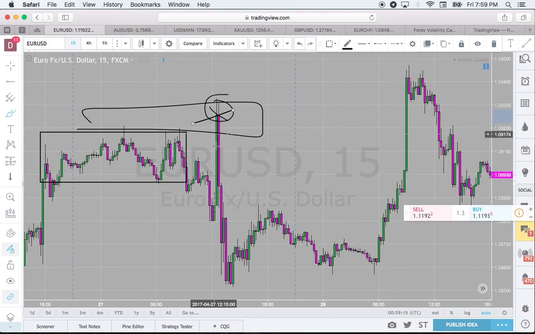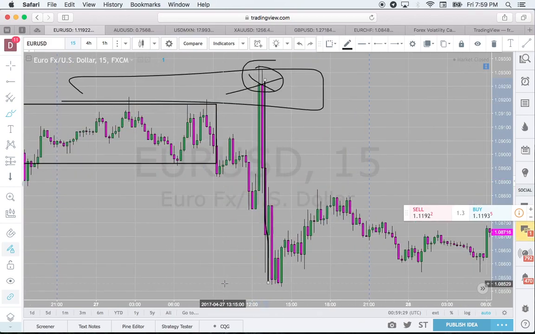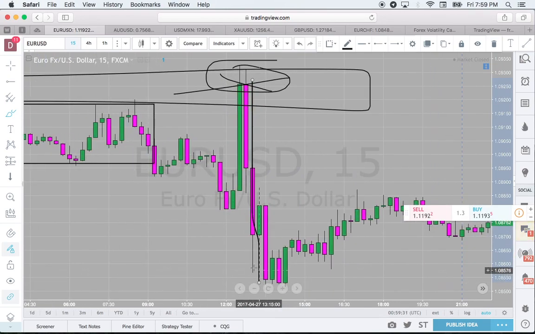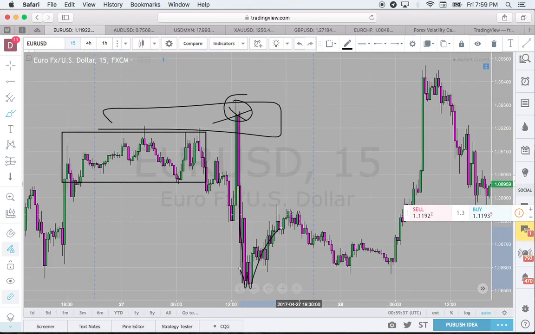We're already in London session. We see that spike to the high to hit the stop losses of any sellers, and then that's when we sell. And look at that, instant drop. That small W formation, and then comes up, finishes the day in consolidation.